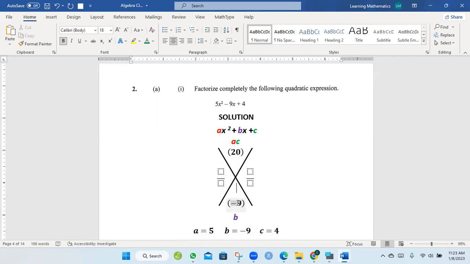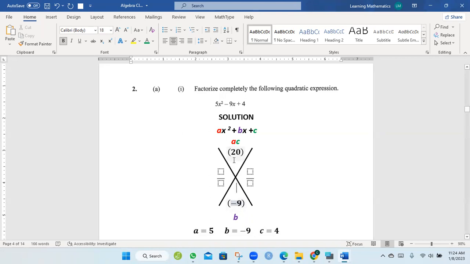A negative plus a negative is a negative, and a negative times a negative is a positive. So these two factors must be two negative numbers.